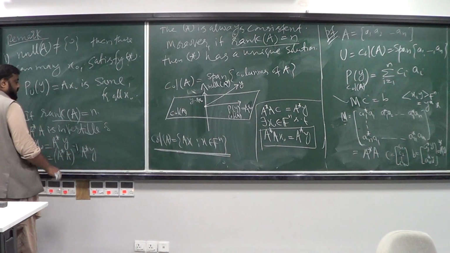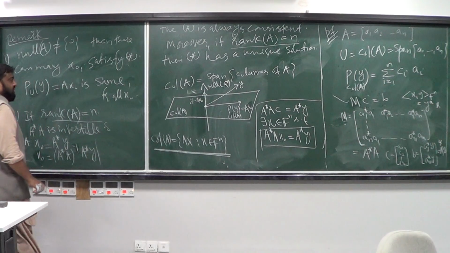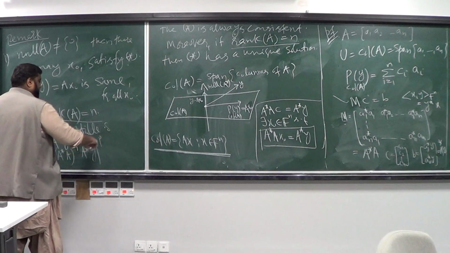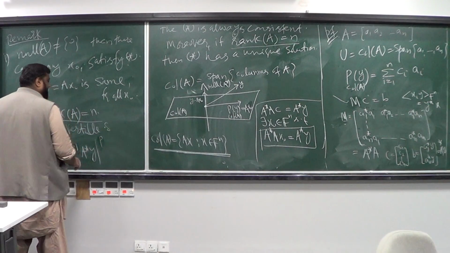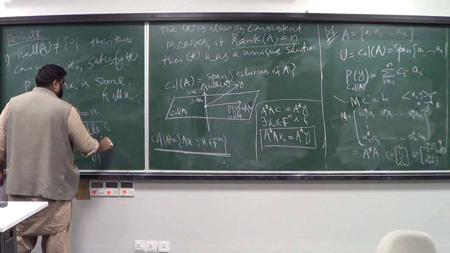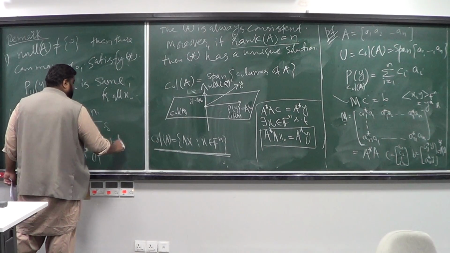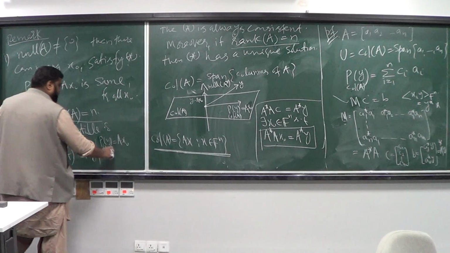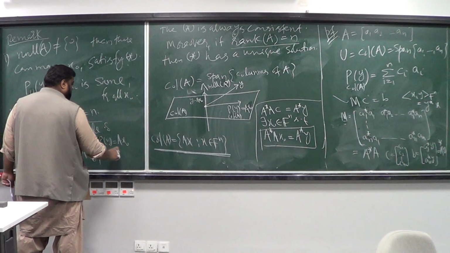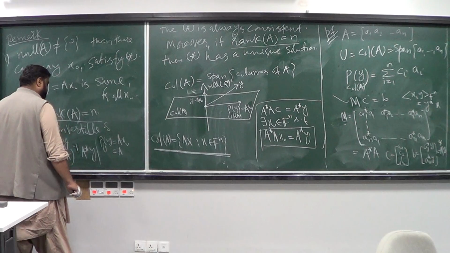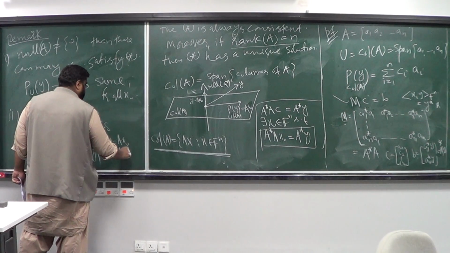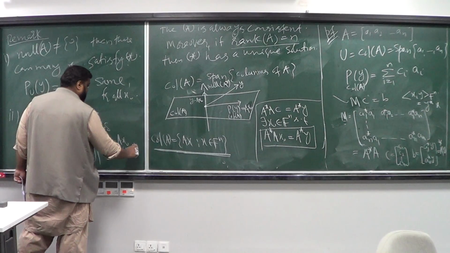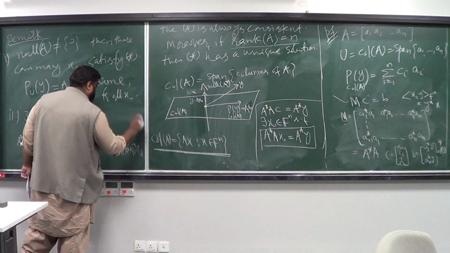And if you have an explicit expression for x naught, then the question is what would be the orthogonal projection. We know that the orthogonal projection of Y onto U is this A x naught. And if x naught is this, that means the orthogonal projection is the matrix A multiplied by A star A inverse and A star Y actually.